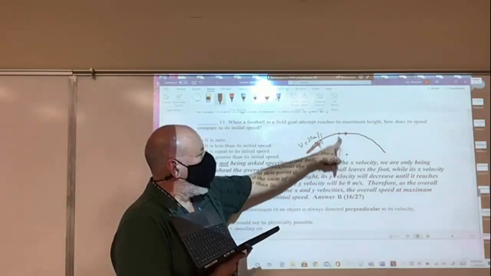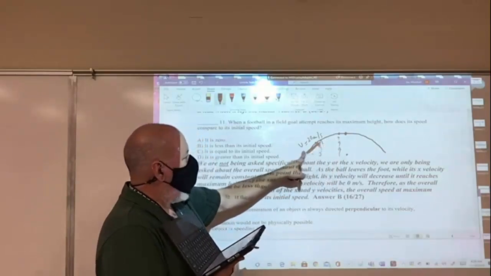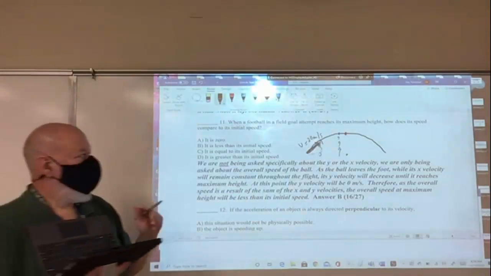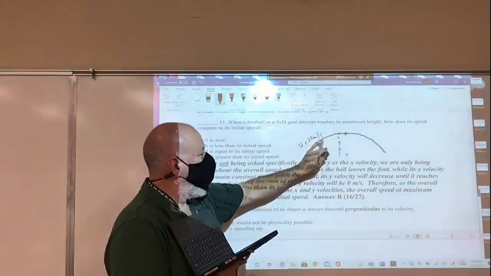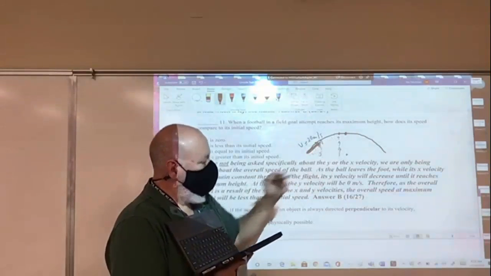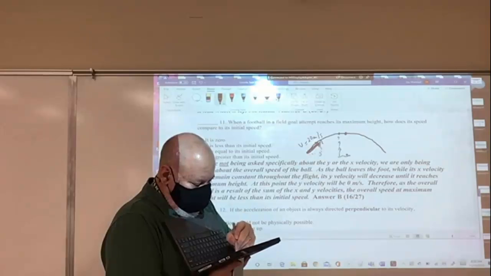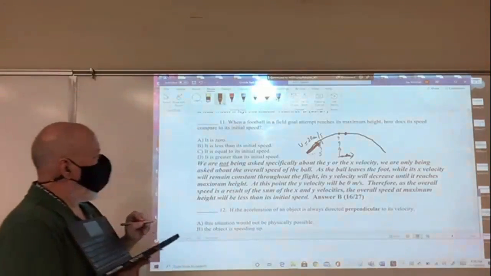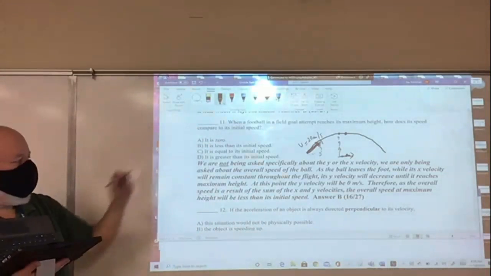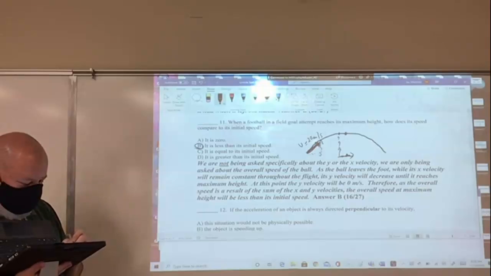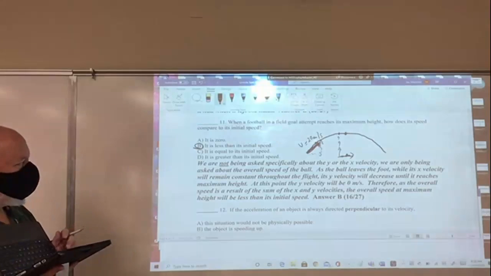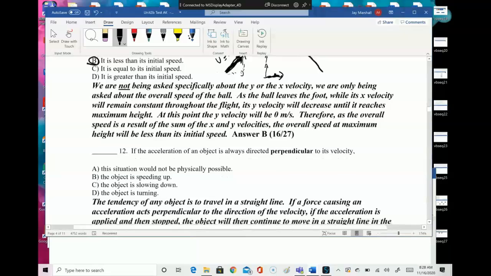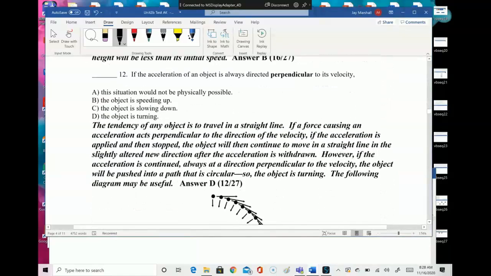Since that vertical velocity went away, there's no way it's still going 20 meters per second. The vertical part of this, whatever that vertical part was, went away, and now I'm just traveling in the x direction at that instant. So it's going to be less than its initial speed. Any questions?